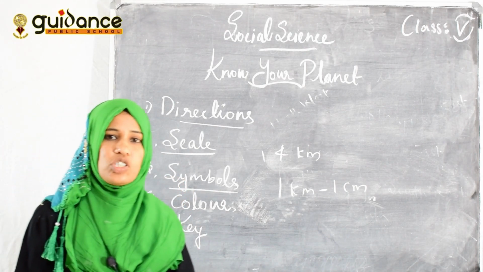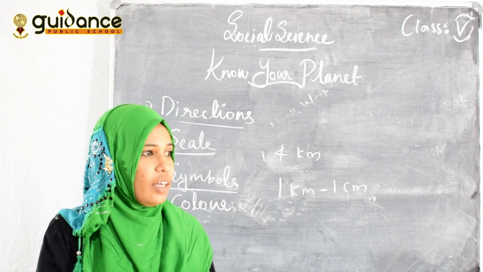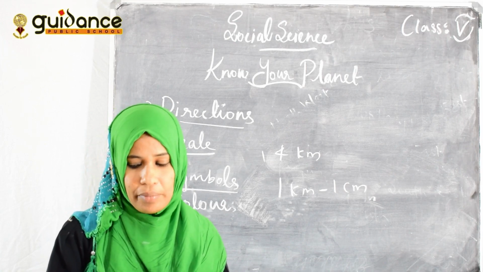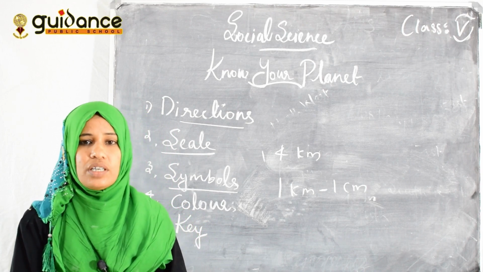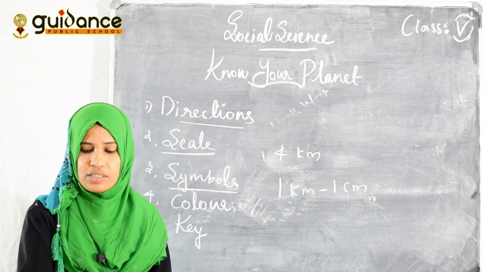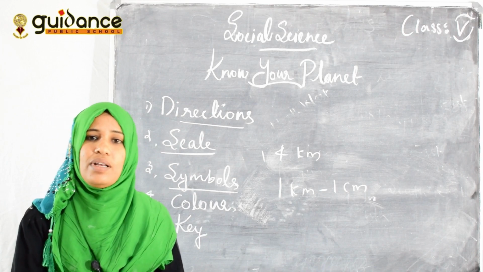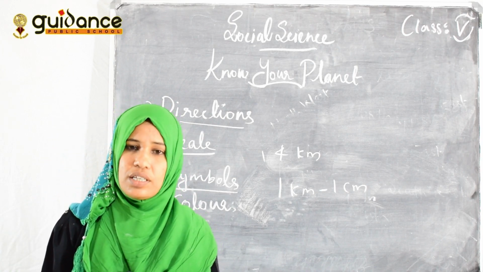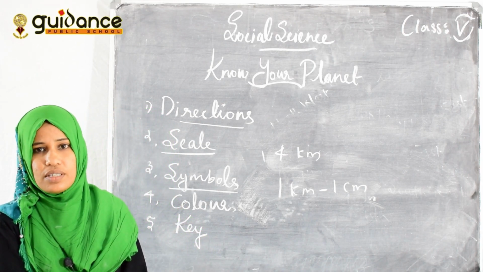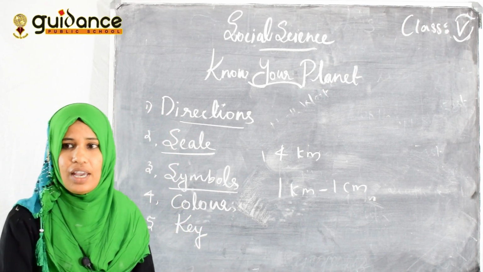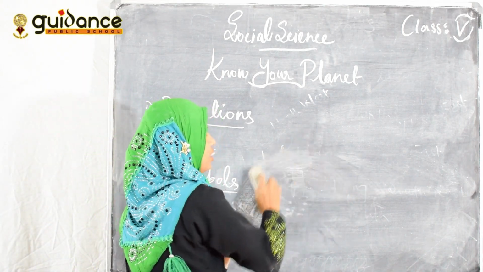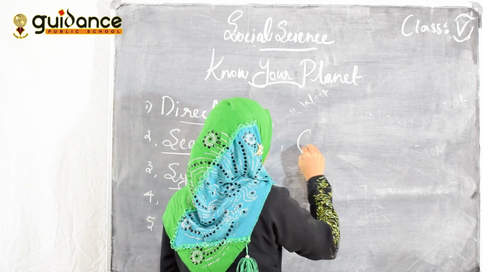It is not possible to show the mountains, rivers, lakes, roads, and railway tracks as they are on a map. But without showing these, the purpose of drawing the map is defeated. So, symbols are used to represent this information. Different symbols are used to represent different information. Example, small circles are used to show cities.